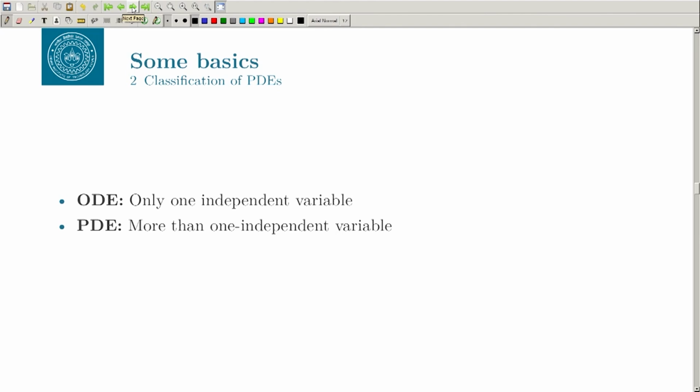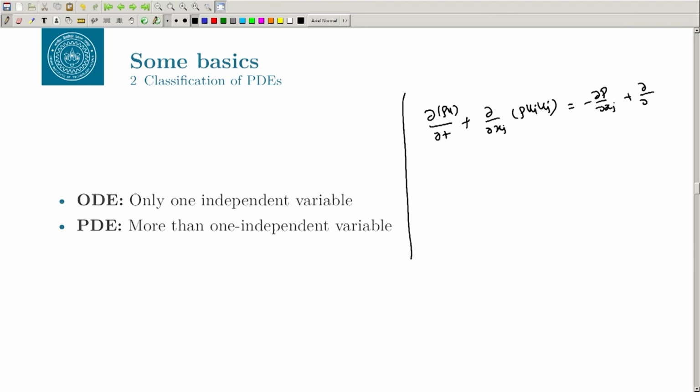For example, if you look at the Navier-Stokes equations, del rho u by del t plus del by del x j of rho u i u j equals minus del p by del x i plus del by del x j of tau i j, where tau i j can be written in terms of the velocity gradient.